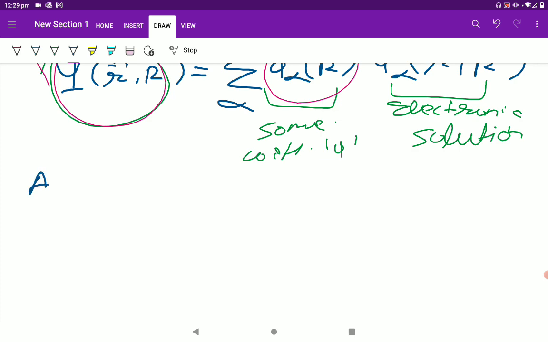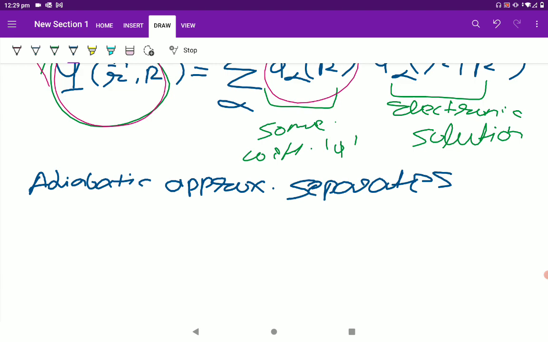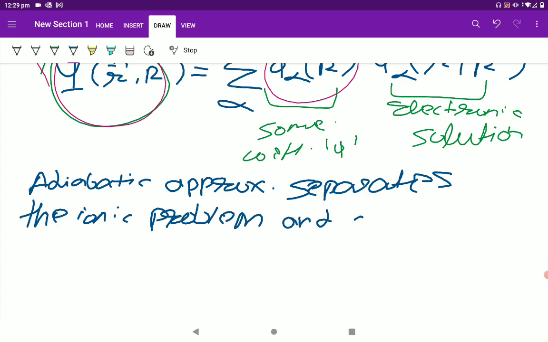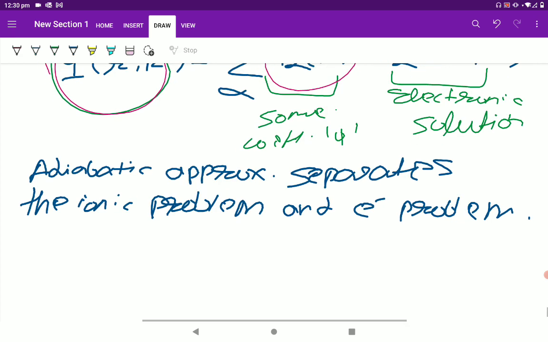The adiabatic approximation separates the ionic problem and the electronic problem. But if we neglect some non-adiabatic terms, we find an easier equation in this fashion.